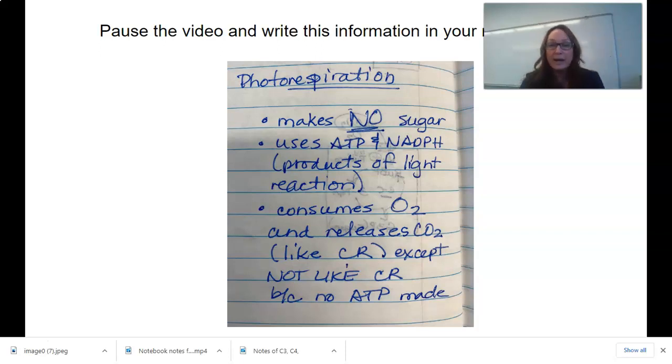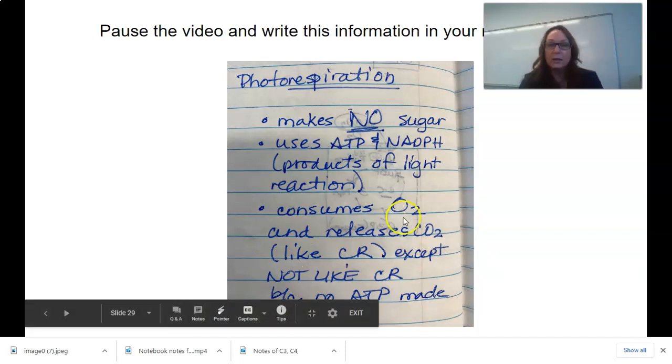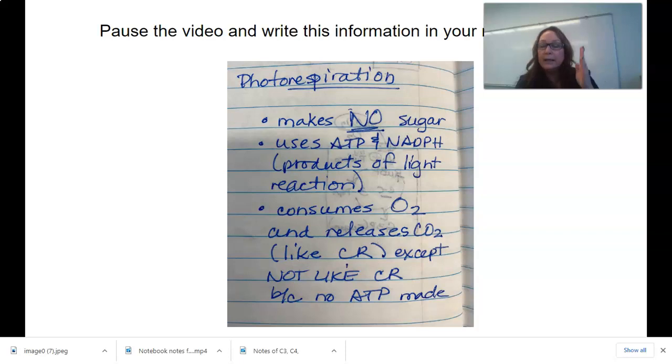So the reason it's called photorespiration is because it consumes oxygen and releases carbon dioxide, like cellular respiration, but you don't get anything from it. You don't get ATP like cellular respiration does, and you don't get a sugar like photosynthesis does. So here's the last thing I want to say. It's been around pretty much since the dawn of time.